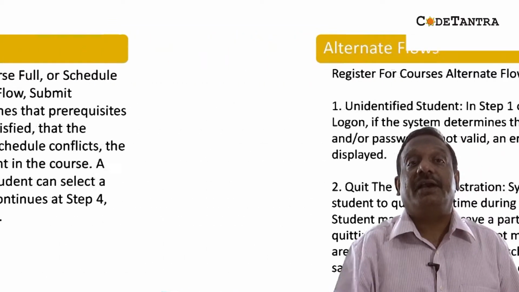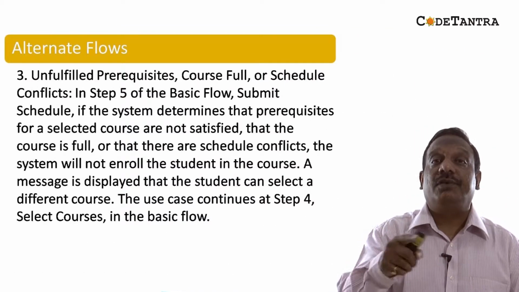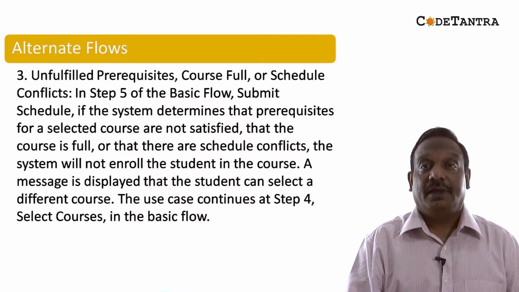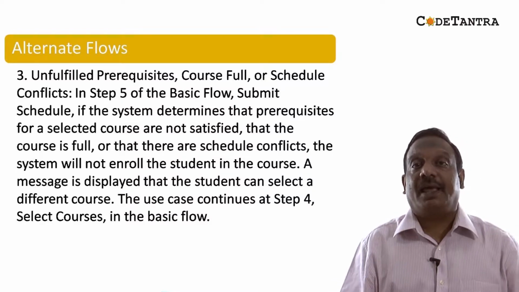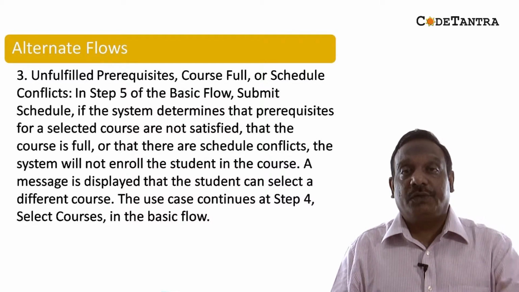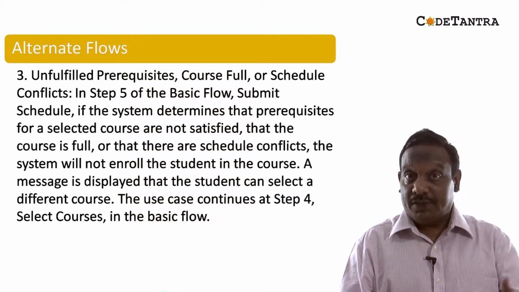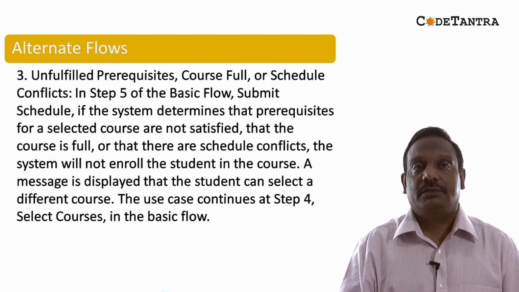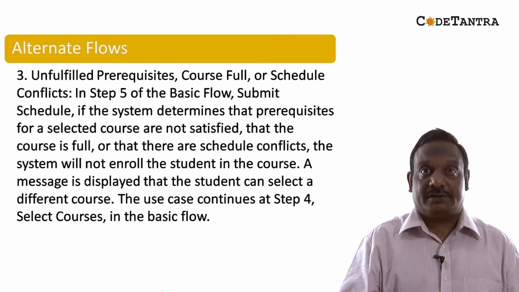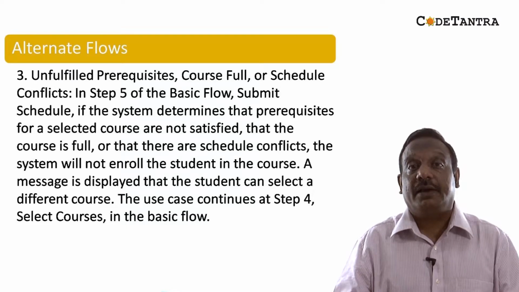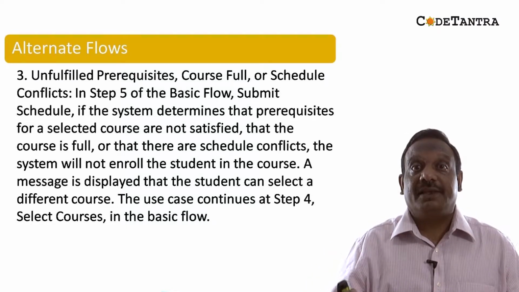The third alternative flow is unfulfilled prerequisites. Three things can happen when you have put in your selected courses and submitted. One thing that can happen is the course is full, or there are schedule conflicts. Two courses are happening at the same time, or these are the typical things that can happen.